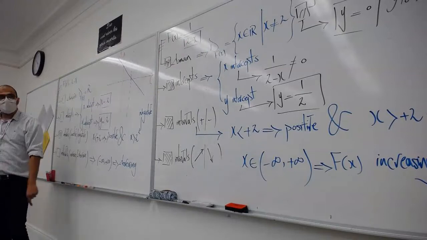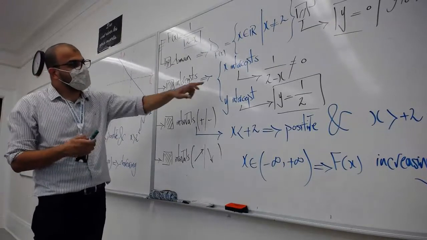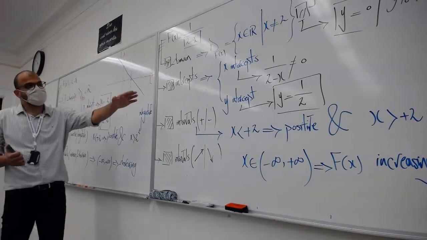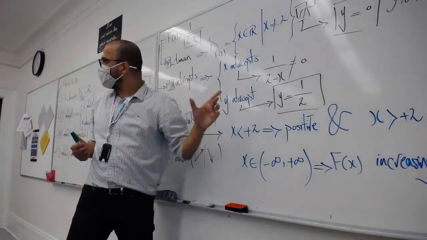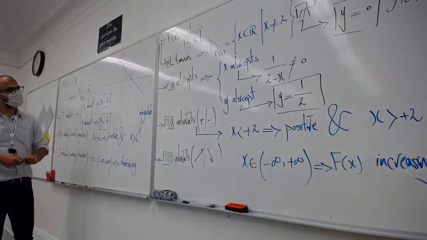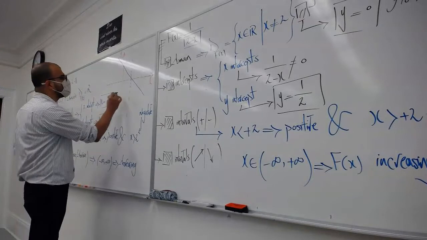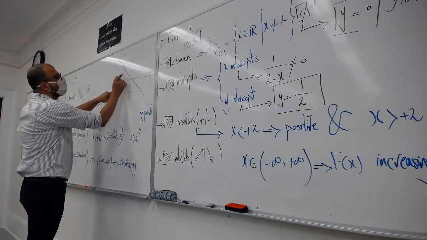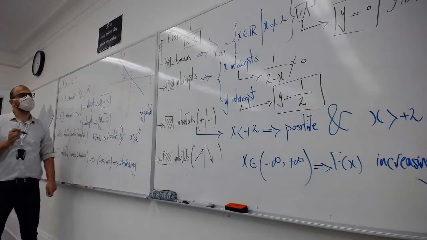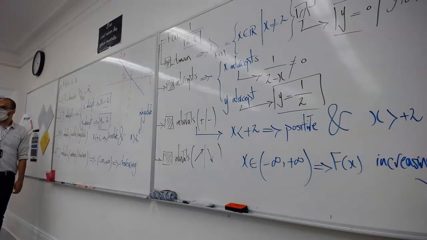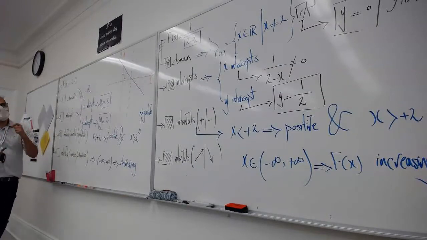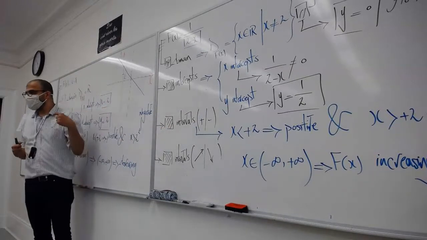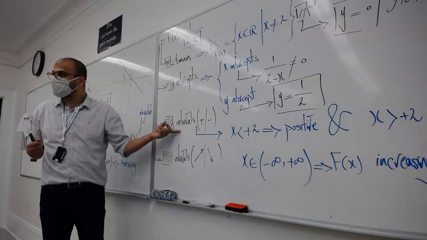Step number 2 means I'm going to find the intercepts. For the x-intercept, I have nothing, but for the y-intercept, I have what? For the y, I have 1 over 2. This is 1 over 2. Now I go to the third step.